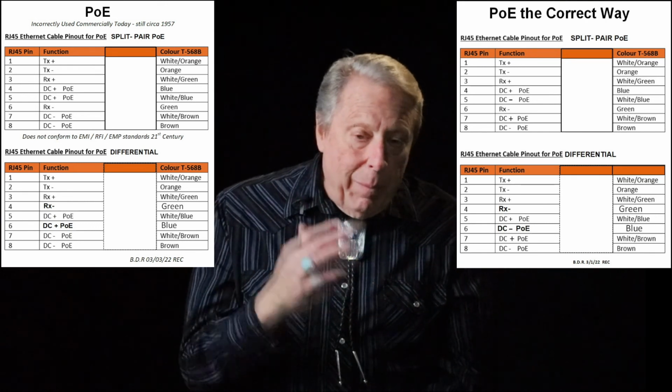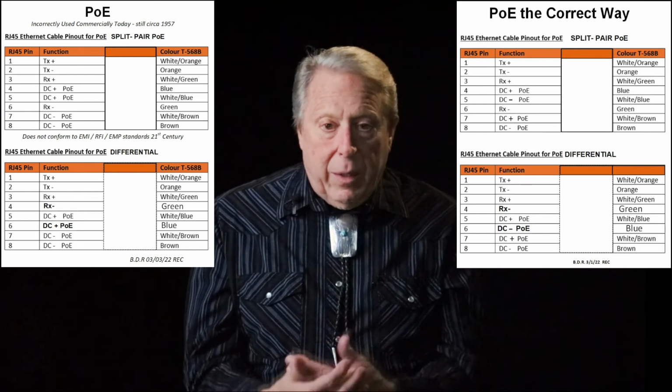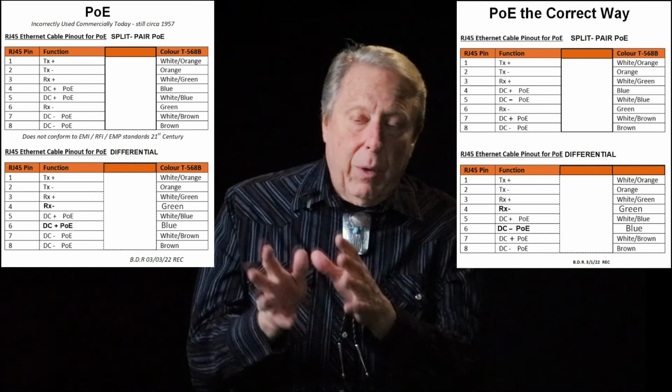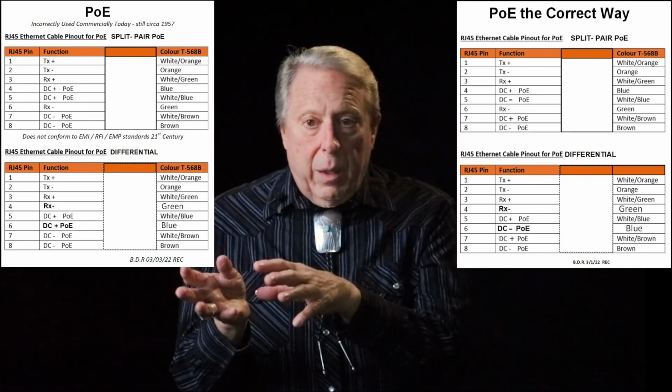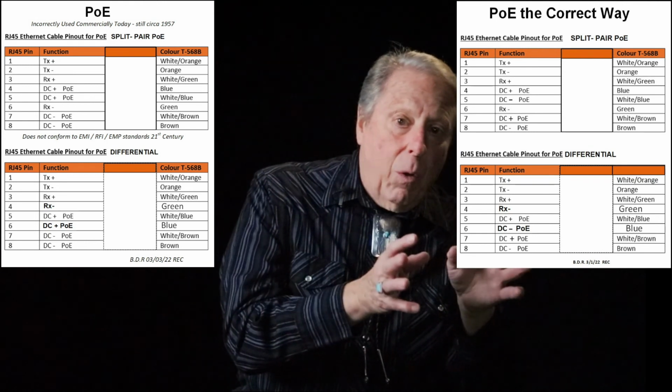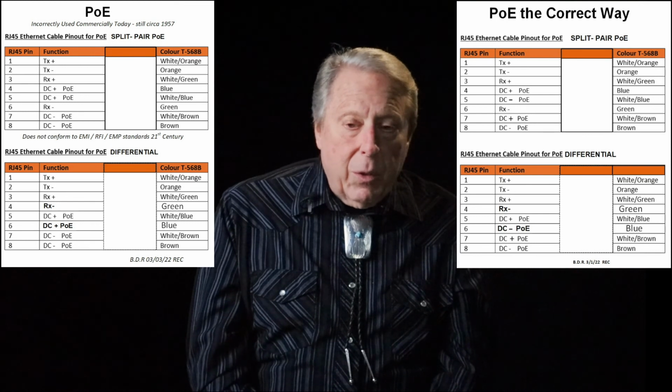So you want to mitigate it in a way that it allows it to be equaled out, and that's why you have the two sides, one saying power over Ethernet incorrect way, and power over Ethernet the correct way. And they have to be done in the correct way.